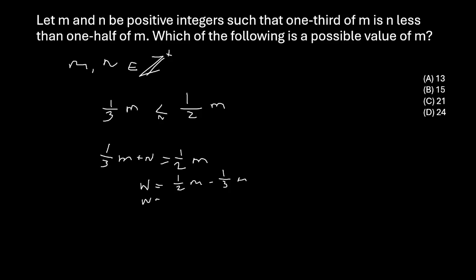So n would be equal to m times... Now, we would like to have these on the same denominator, so we write 1/2 as 3/6, minus 2/6.